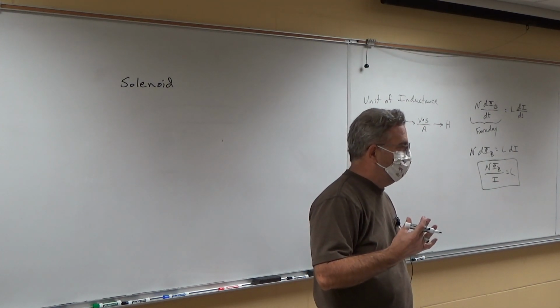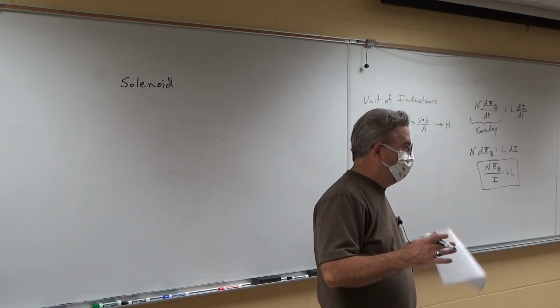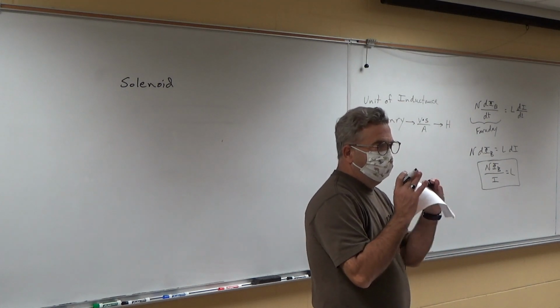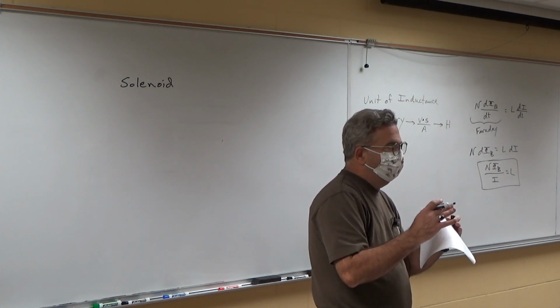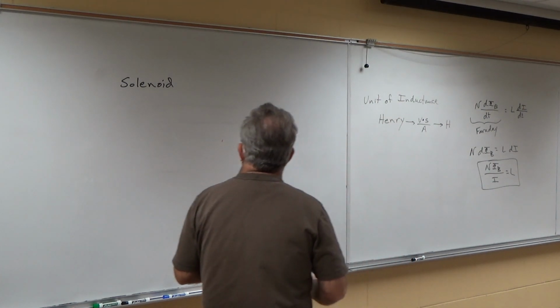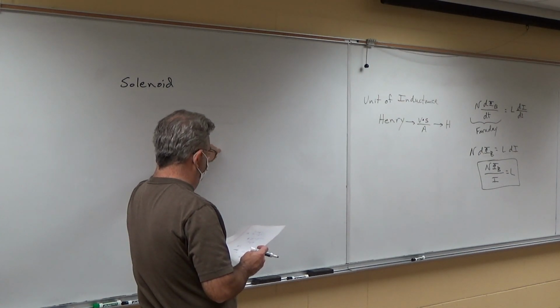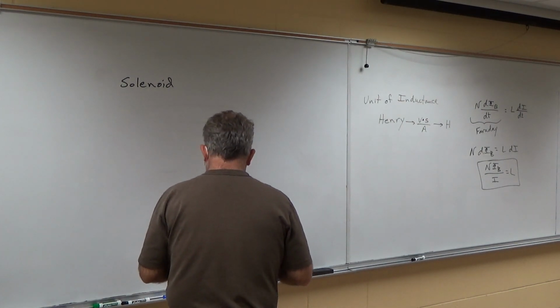Just like with a capacitor, the capacitance ends up being just a function of the area of the plates, the distance between the plates, you insert a dielectric, whatever it is. It's the same kind of thing here. It has to do with how the coil is made.